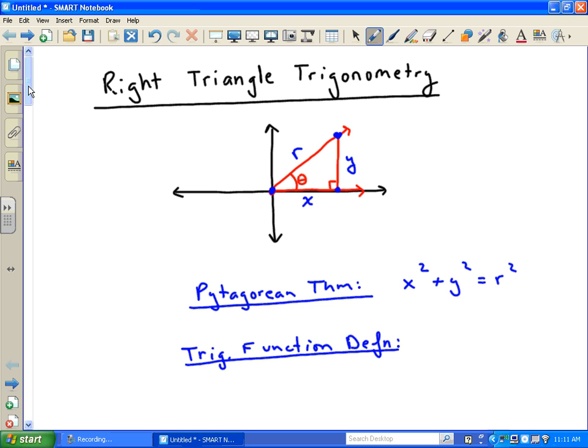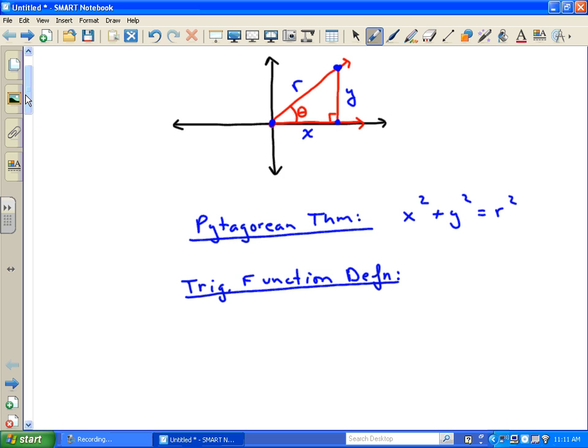Number 1, we will define the function that we call sine. We denote this in function notation. We say sine of our angle theta is defined as the ratio of y divided by r.